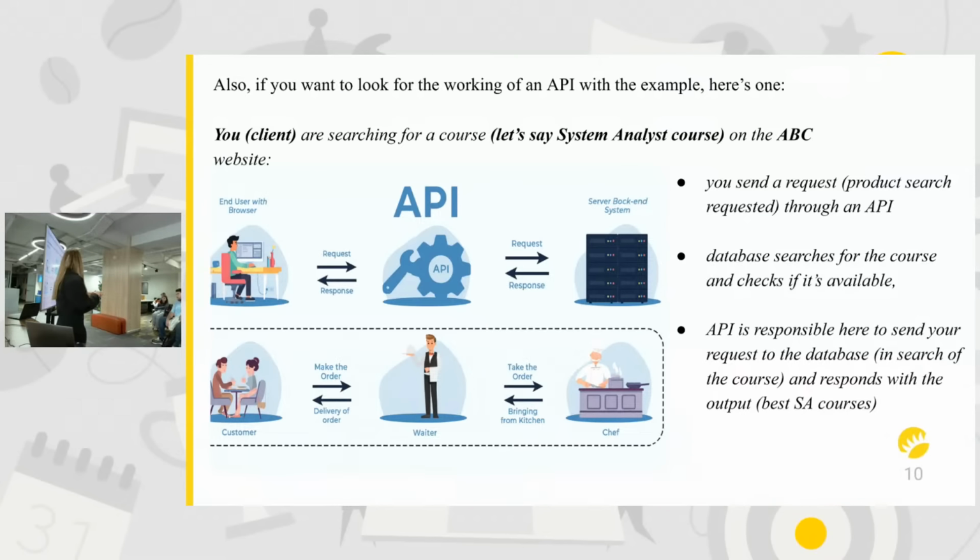You type and you send your request, and API takes your request to the server, and behind that, the database searches for the best SA courses, best system analysis courses, and once the search is done, API takes the result to you.